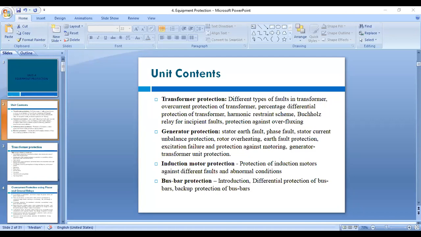External faults means, suppose a cooling system problem is there, or some other external matters, then that fault is occurring. Overheating means sometimes the load on the transformer increases, and if that load increases, it will heat the transformer, because the current gets increased there.